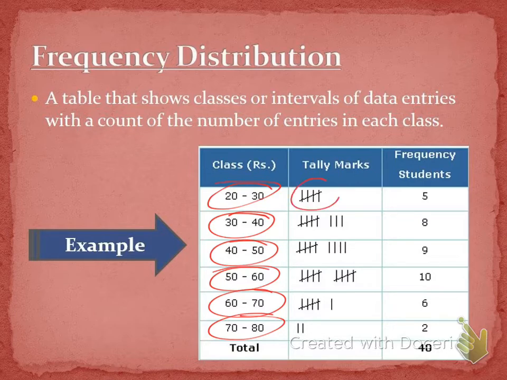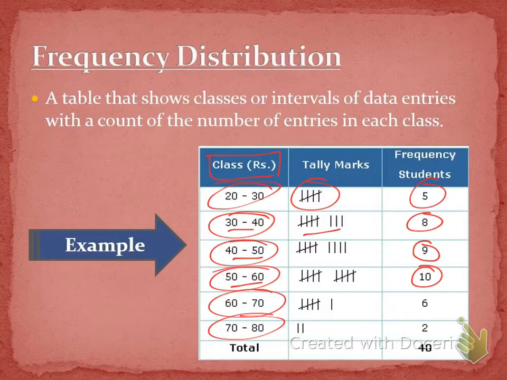So these tally marks tell us that 5 of our data pieces, 5 of our students fell into the 20 to 30, whatever this is supposed to be, class scores. I'm not sure what that is. It's just a random example. So 5 data pieces fell into that 20 to 30 category, 8 fell into 30 to 40, 9 of our data pieces fell into 40 to 50, 10 fell into 50 to 60, and so on and so forth.